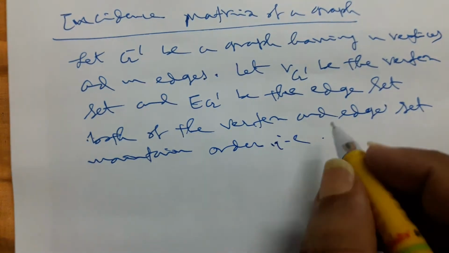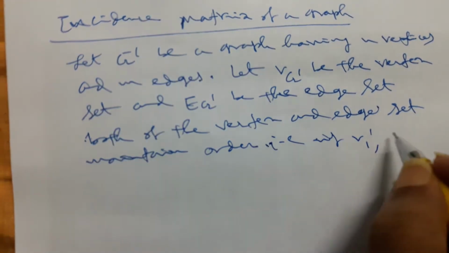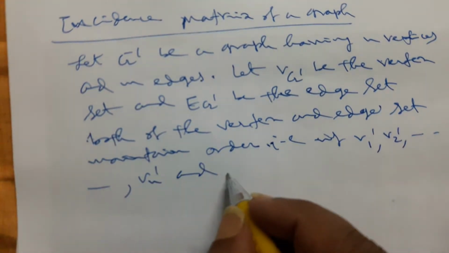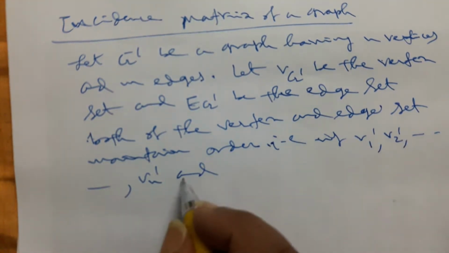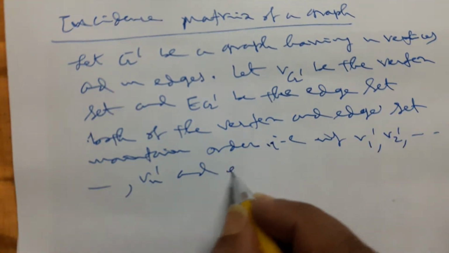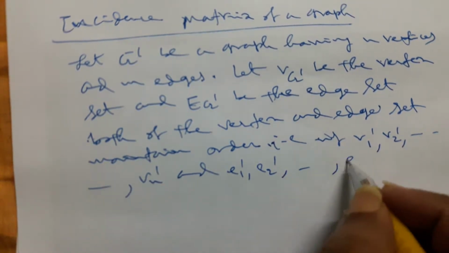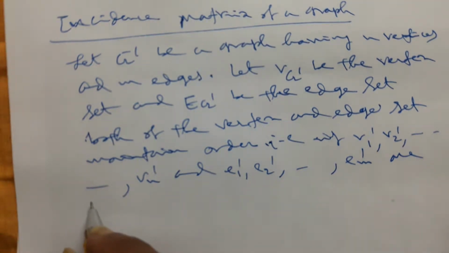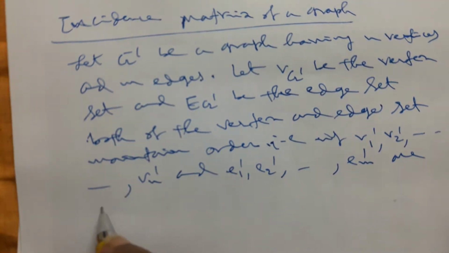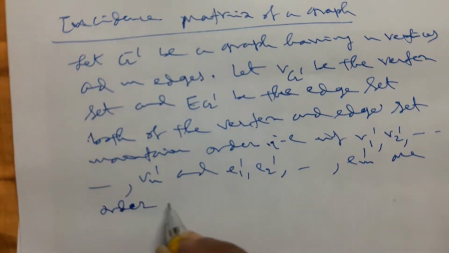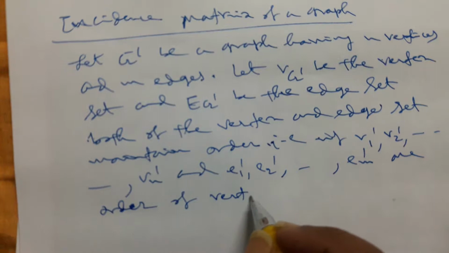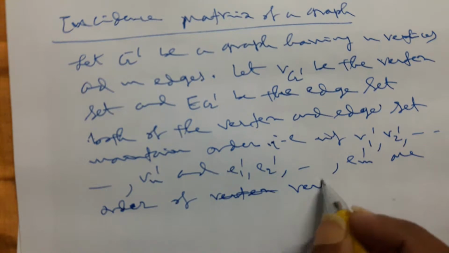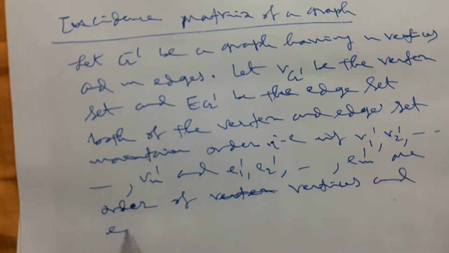That is, if v1', v2' up to vn' is the vertex set, and e1', e2' up to em' are the edges, these are the order of vertices and edges respectively.